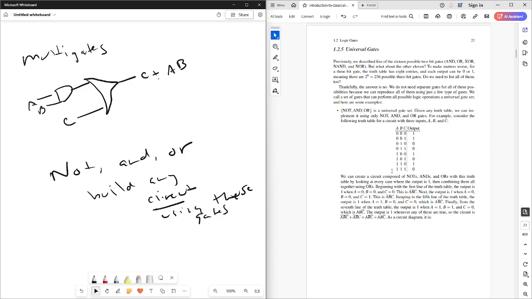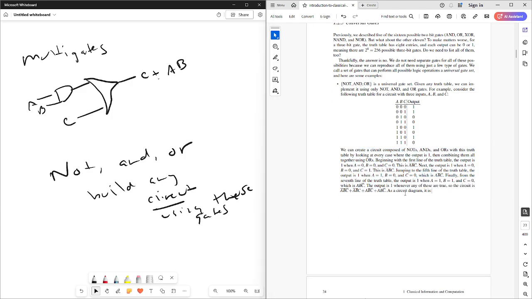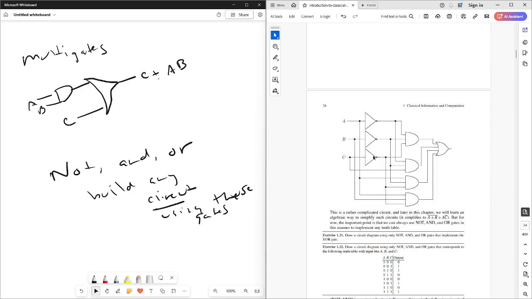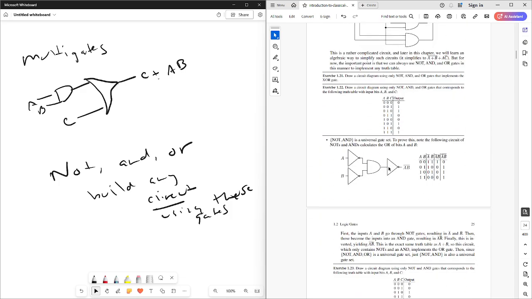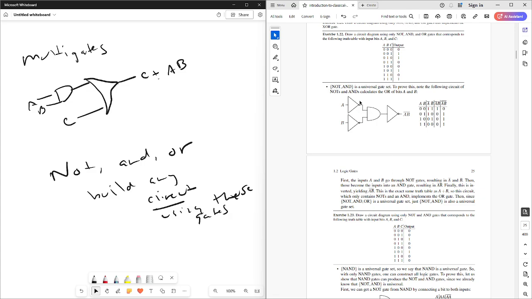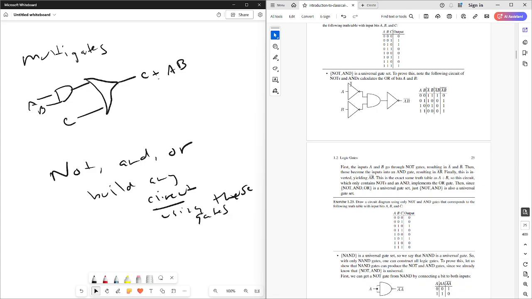And there's a process here to build this and determine that. I don't want to skip through this too much, but I feel like this is not the meat of the matter.